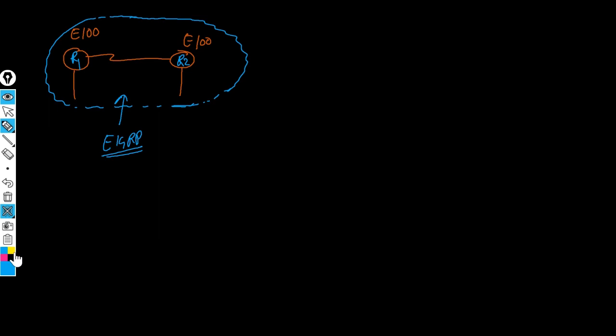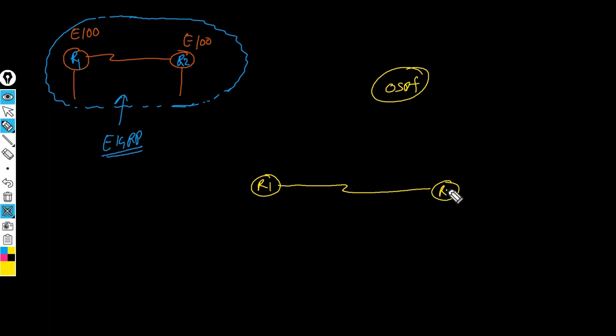So this happens in terms of EIGRP, whereas in terms of OSPF, it is a little different. Let's say we have the same routers connected here, R1 and R2. Right now you need to configure OSPF.